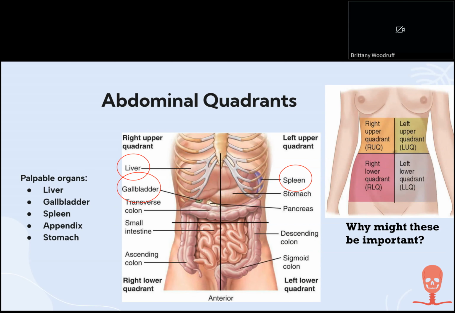Why do you think knowing your quadrants is important? Where certain things are for certain symptoms. Exactly. If a patient comes in and they're like, it hurts really bad right here, chances are that the problem's not with your lungs. The reason I always use the appendix as the example is because the appendix is really cool.